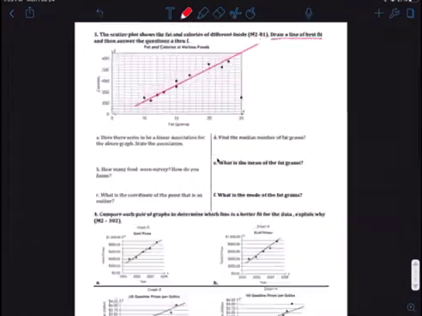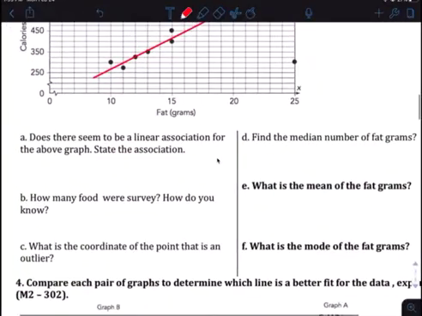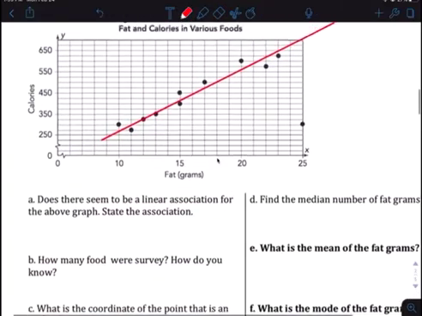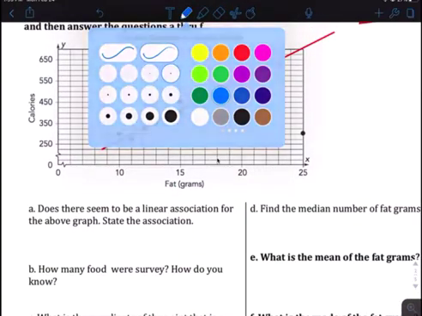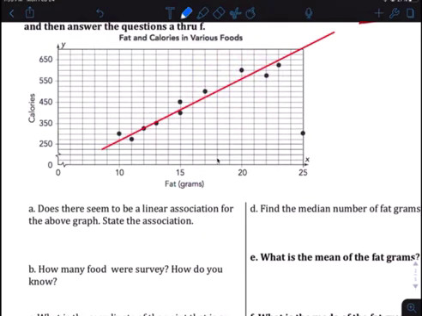Let's answer these questions. Is there a linear association in the above graph? Yes, there is. We can draw a line of best fit. So state the association. It is positive because it's going up.